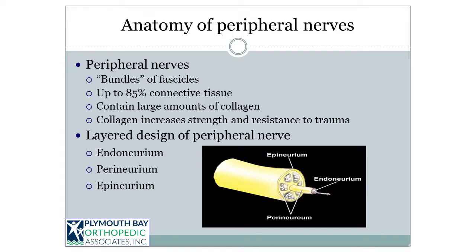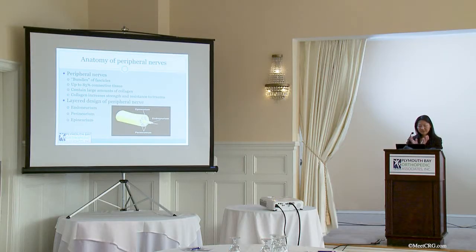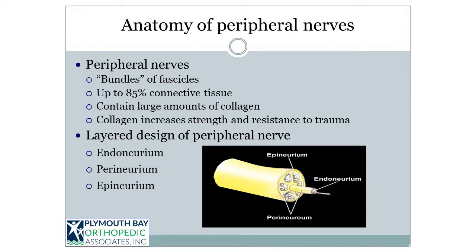The bundles of fascicles are surrounded by endoneurium, and then those bundles create this peripheral nerve. It's all protected by connective tissue. So this is the endoneurium around the fascicle, the perineurium in between, and then followed by the epineurium around it. And that really helps to protect the nerve.